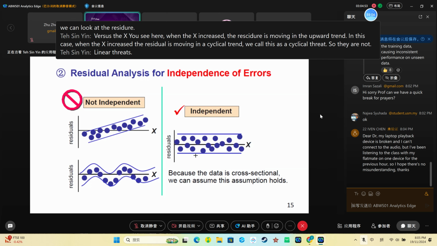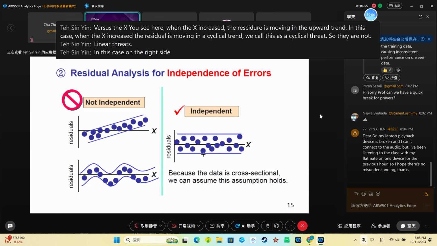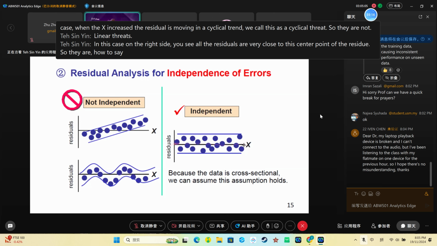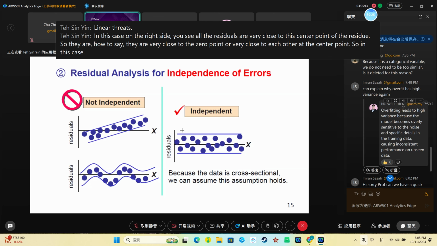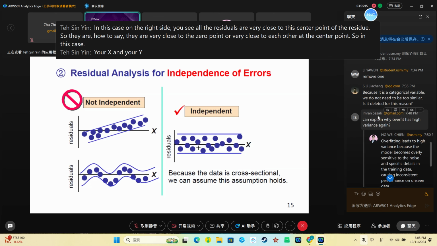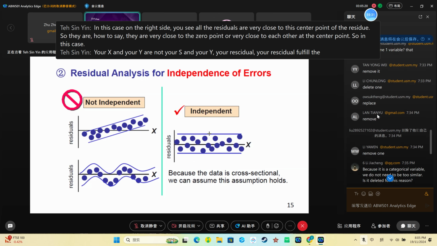In this case, on the right side, you see all the residuals are very close to the center point, very close to the 0 point or very close to each other. So your residual fulfills the independence assumption.